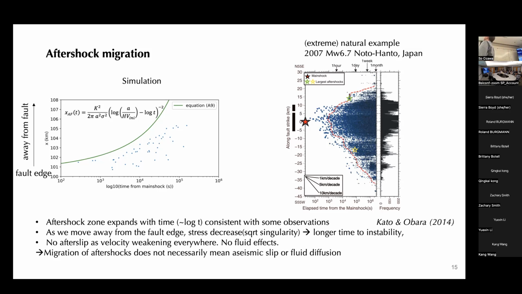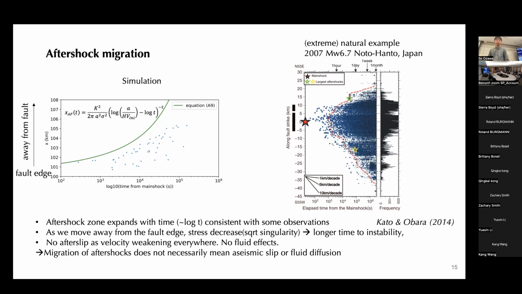A is the direct effect in rate-and-state friction, so it's more or less a material constant. It cannot be changed that much. Sigma is the effective normal stress, so it depends on many tectonic settings and depths. It also depends on the pore fluid pressure. If pore fluid pressure is high, its value becomes very small, so migration is much faster. Okay, so we can combine many parameters. Thank you.